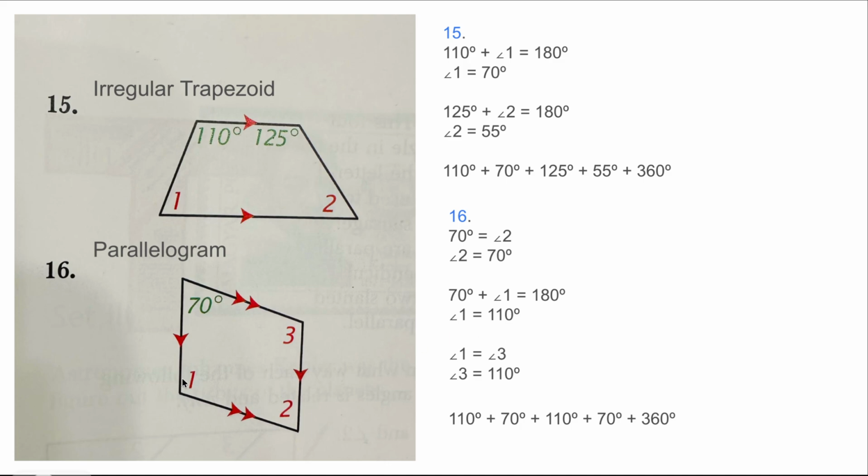And we know that angle 1 is equal to angle 3, and so therefore angle 3 is 110 degrees. And if we added all 1, 2, 3, 4 angles together, we would get 360 degrees. Oops, I should say equal there, and equal there.